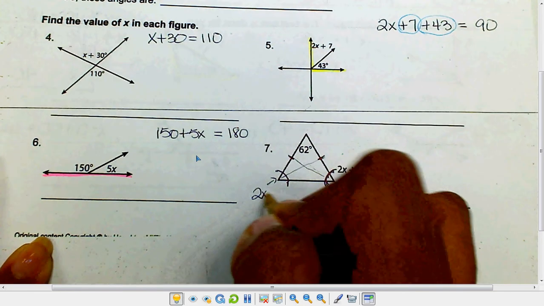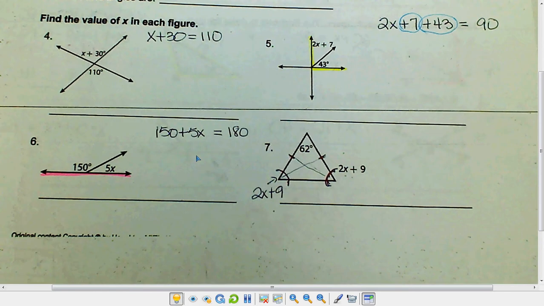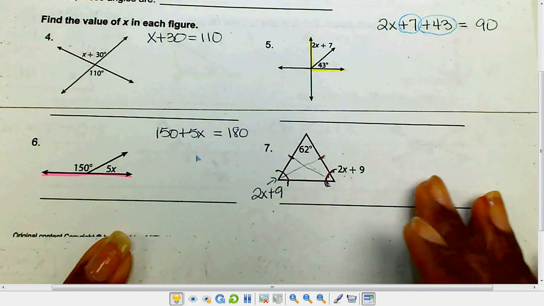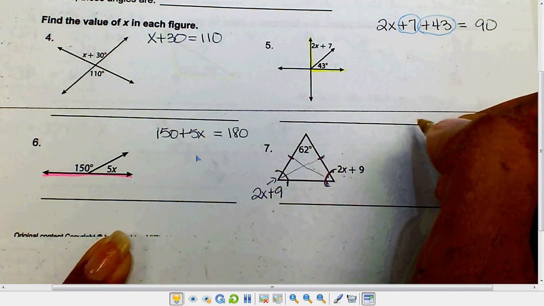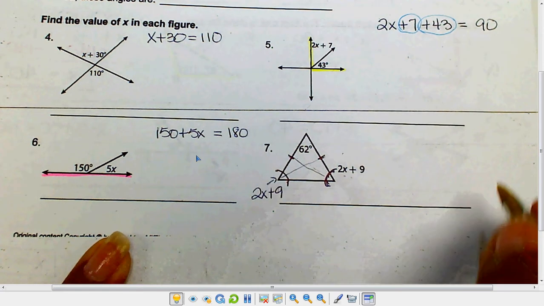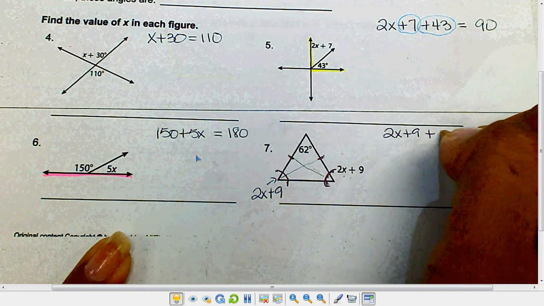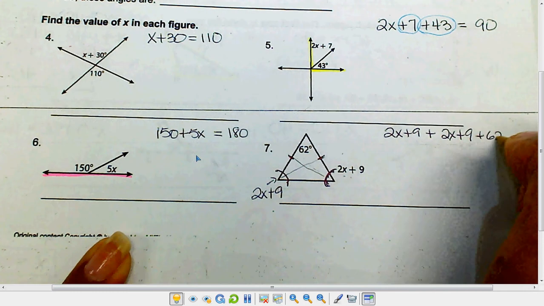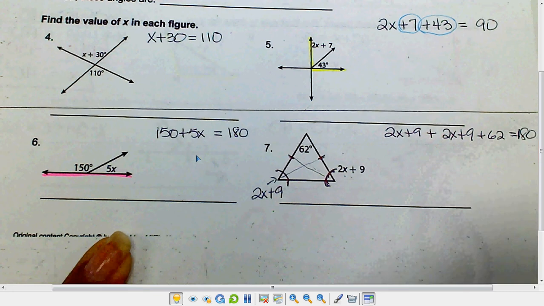Very good, 2x plus 9 as well. So since we have a triangle, and you definitely want to write small for this one because there's quite a few steps to it, we're going to go ahead and set all of this equal to 180. So we basically have 2x plus 9 plus another 2x plus 9 plus the 62 degrees all equals 180.